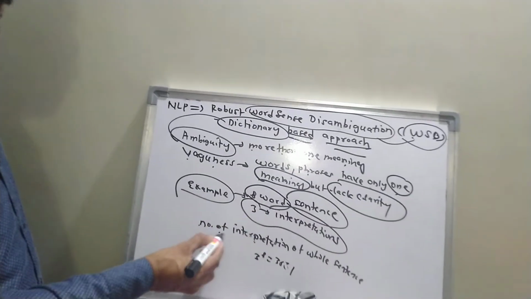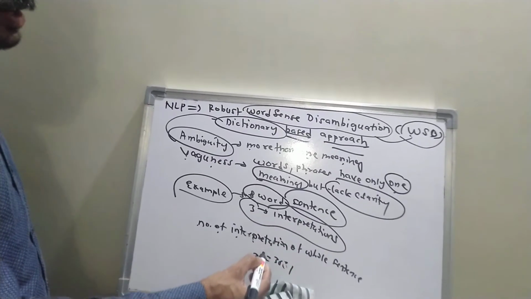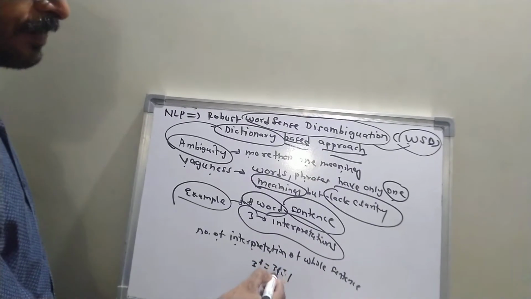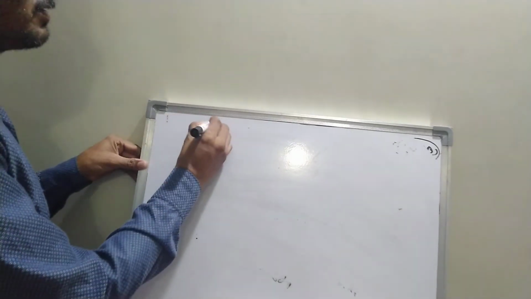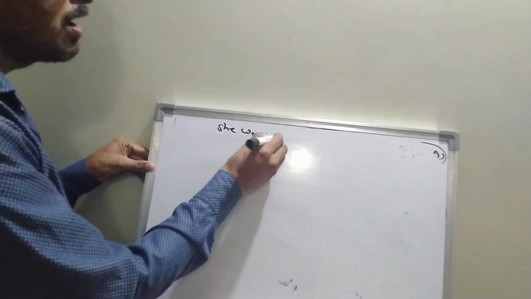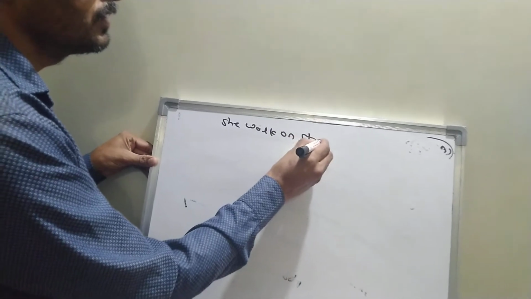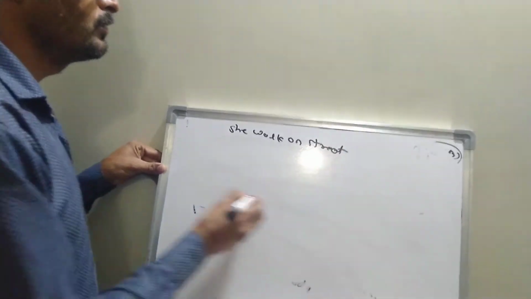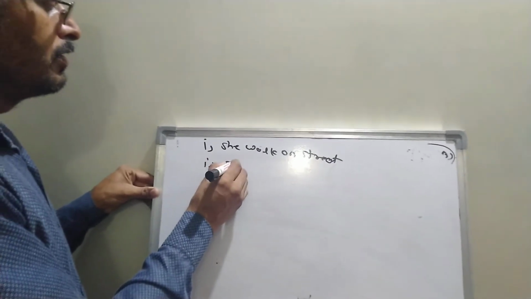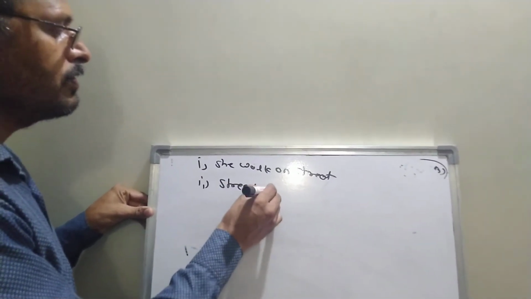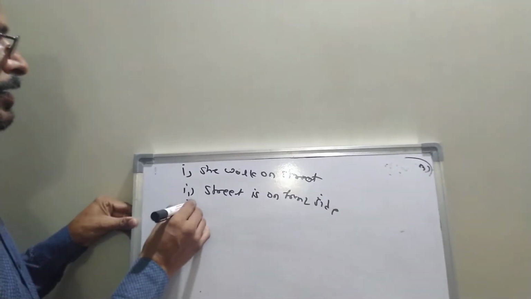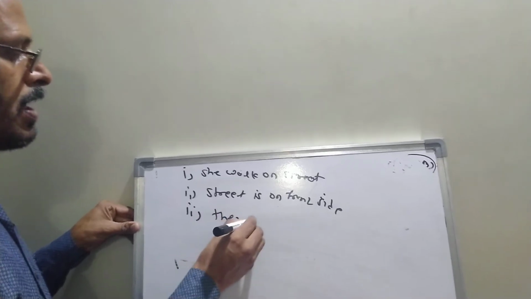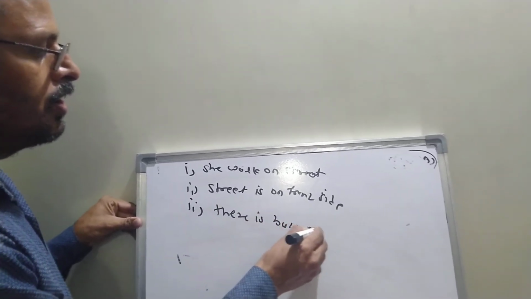The number of interpretations of the whole sentence will be 3 raised to 8, that is equal to 6561. Consider the three sentences: she walks on the street; the street is on the front side; there is a ball on the street.